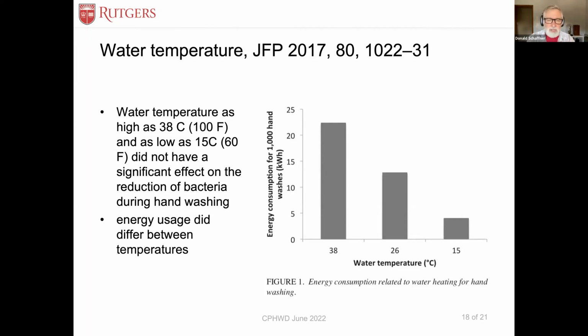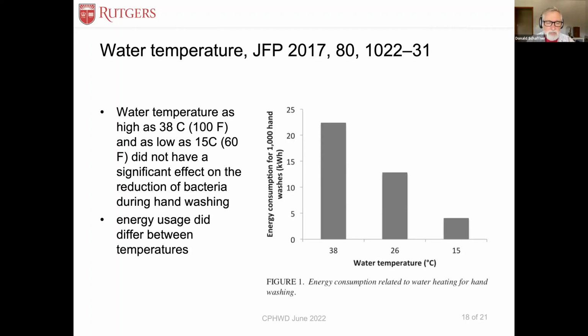But because this is published in the scientific literature, that corresponds to 38, 26, and 15 degrees C. And what is shown in this graph is not the hand washing effectiveness, because that's a much less exciting graph. This is the energy consumption for heating the water for 1,000 hand washes. And you can see that in fact it does lead to some significant energy costs to heat water to 100 degrees Fahrenheit for hand wash.